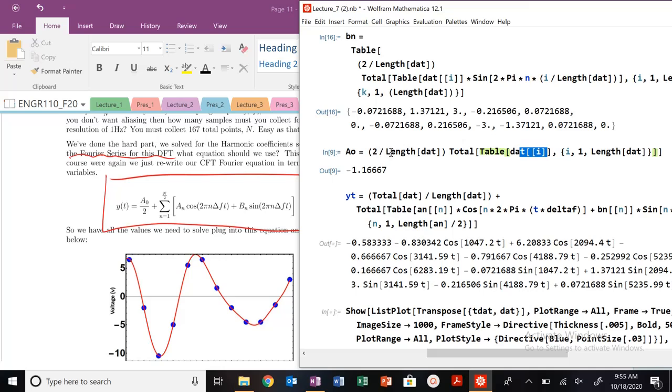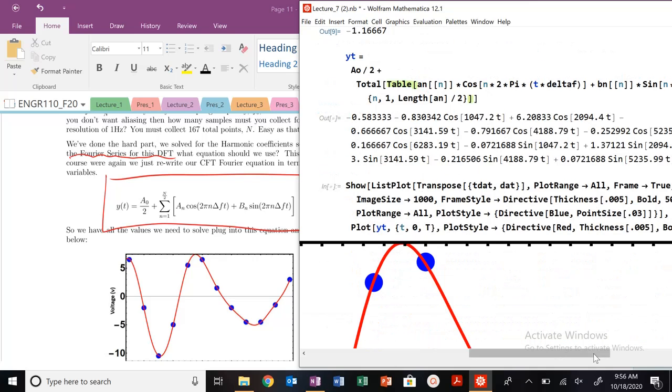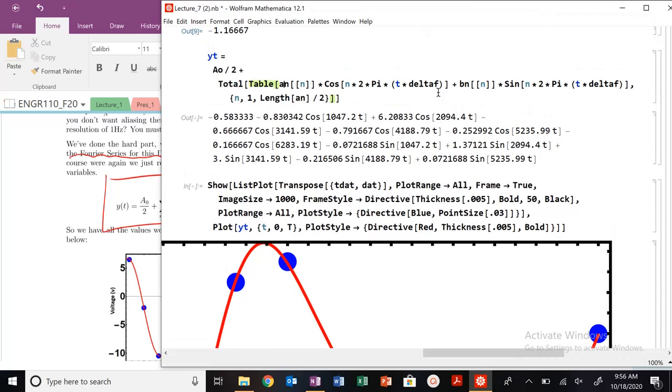And so a naught over 2 would just be equivalent to this total dat divided by the length of dat. This is just a quick notation, but I can replace this with a naught over 2 if it will make people more comfortable. So here I'm going to take my a sub n's and multiply them out, times delta f.